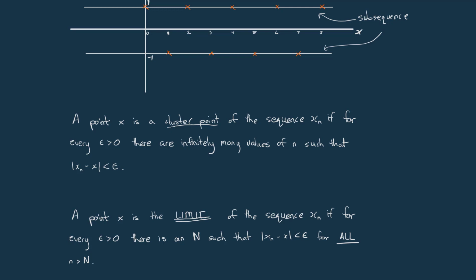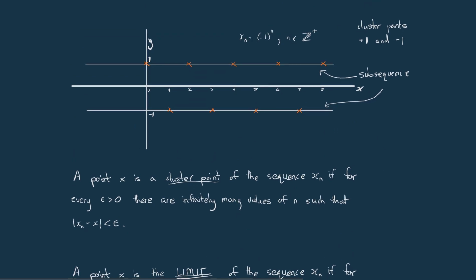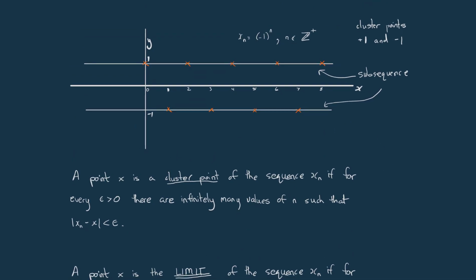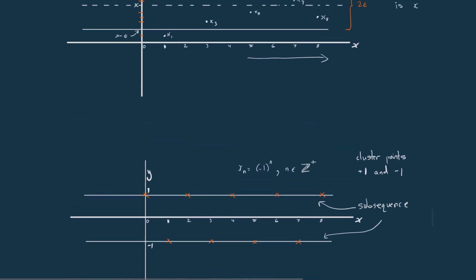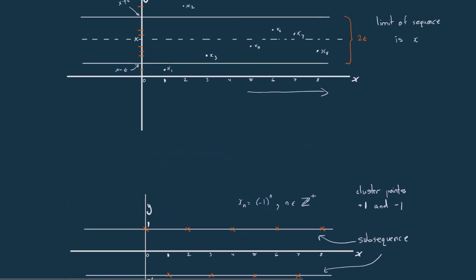But infinitely many in the case of a cluster point does not necessarily mean all, because as we could see in this example, there are infinitely many ones and infinitely many minus ones, but even though they are infinite, they do not equal all the terms in the sequence. So by looking at these two diagrams, we can very clearly see the difference between the behavior of the limit of a sequence and cluster points of a sequence.